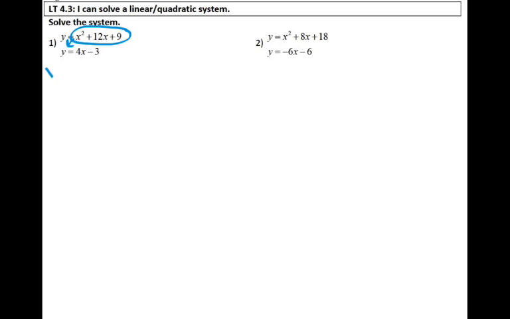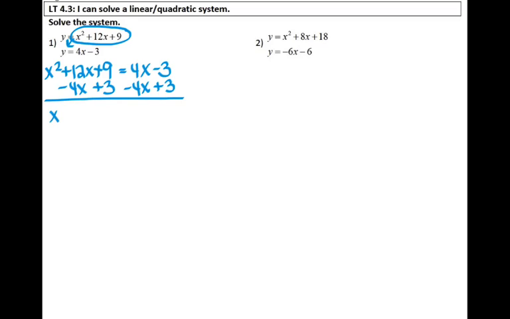So I have x squared plus 12x plus 9 equals 4x minus 3. And anytime you're solving a quadratic function, you always want to get it equal to 0. So I'm going to go ahead and subtract 4x and add 3 to both sides.